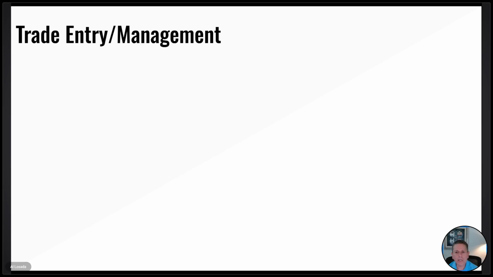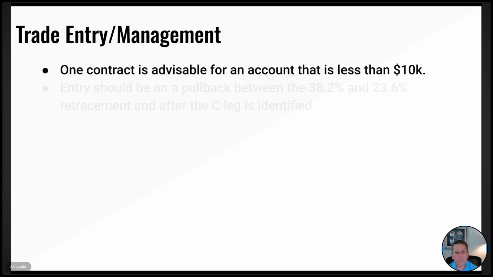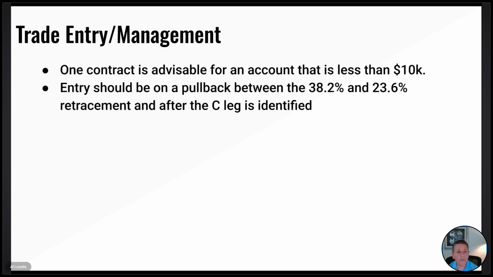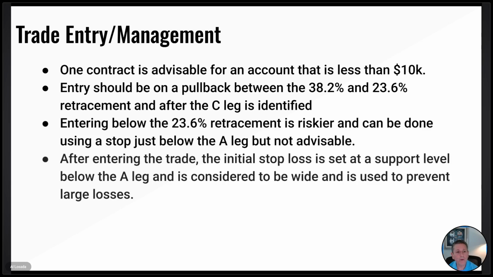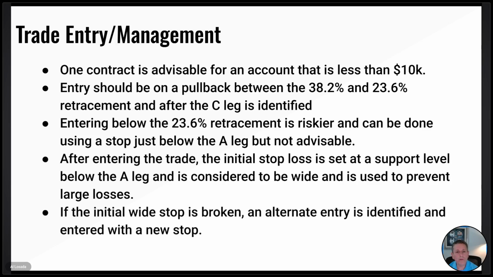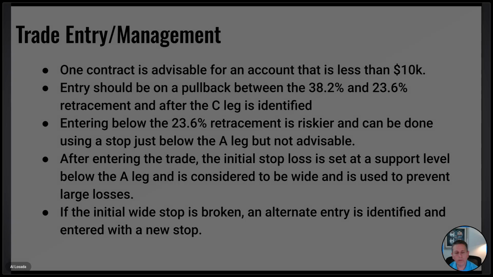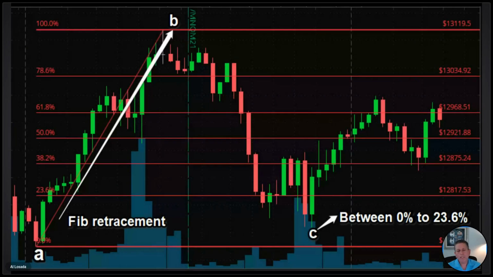All right, so let's look at the trade entry and management. Okay, again, we use the 38 to 23 Fibonacci's, right? And let me show you, visualize it that way. So basically what we did before was basically the same thing, only the market went down, up, and it kept going up, and then it stopped.